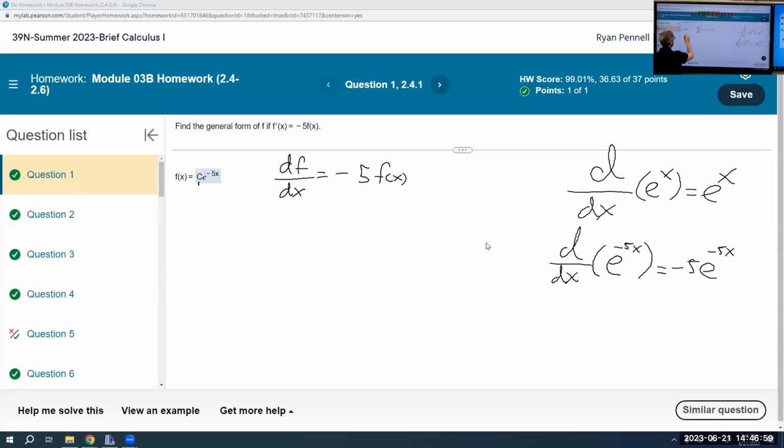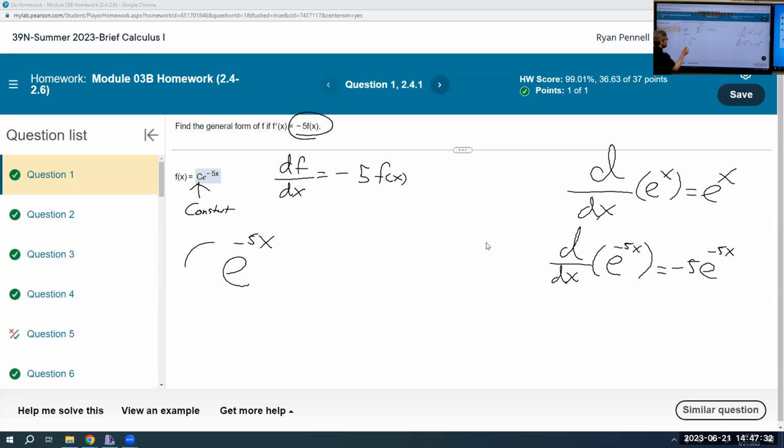Now, we don't know what the original constant was, but that's the idea. We have this constant that we don't know what it was because we can't see the original function, but we know what would give back itself. Okay, so it's e to the -5x.